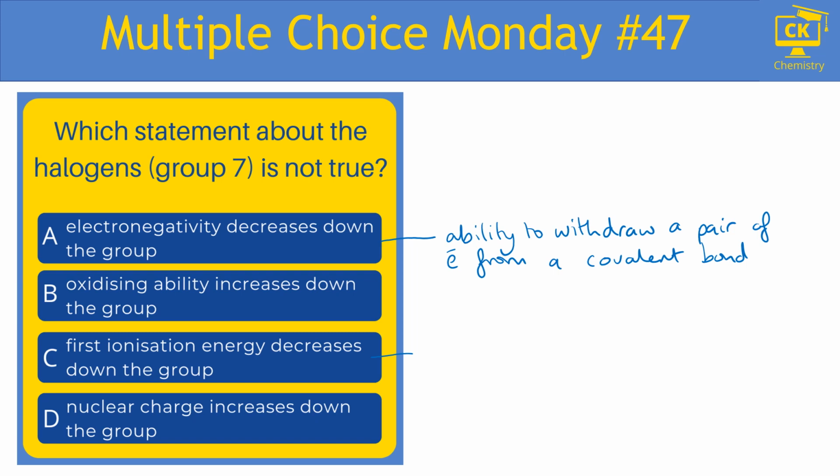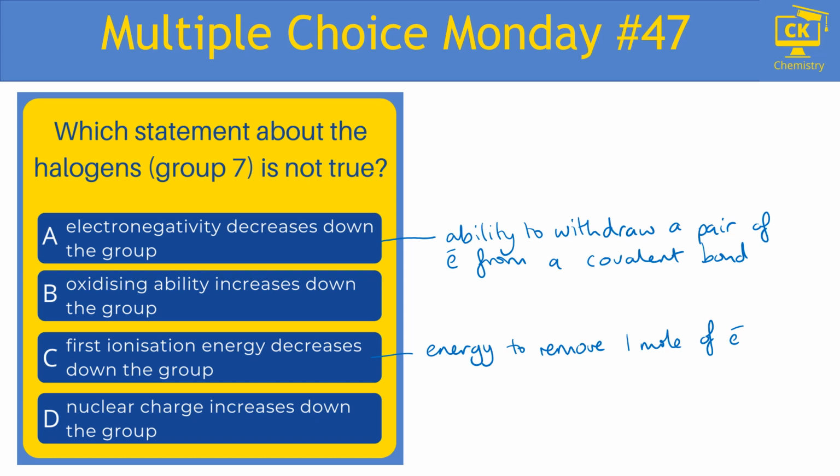And the first ionization energy is about the energy required to remove 1 mole of electrons from a mole of gaseous atoms. I'm not going to continue to write the whole definition there. What you can see about this is that the more electronegative something is, the more it will attract electrons towards it.